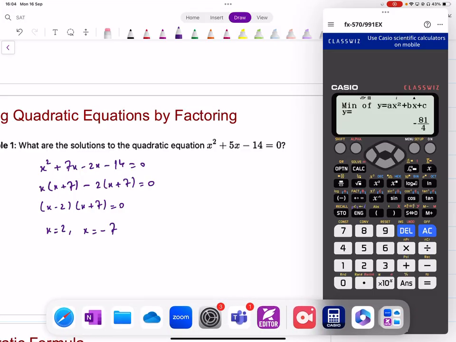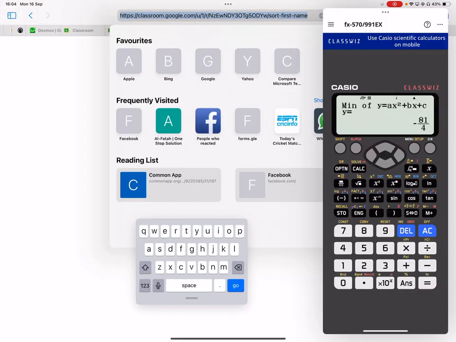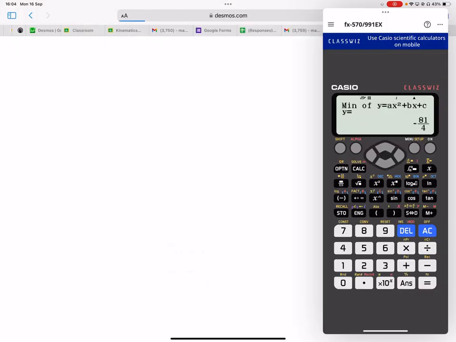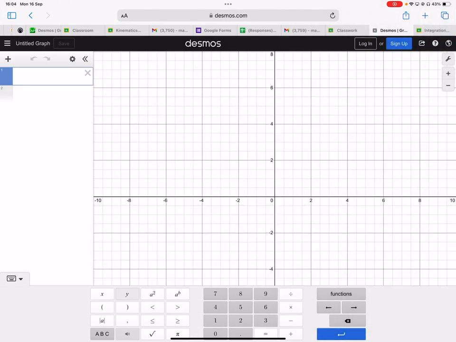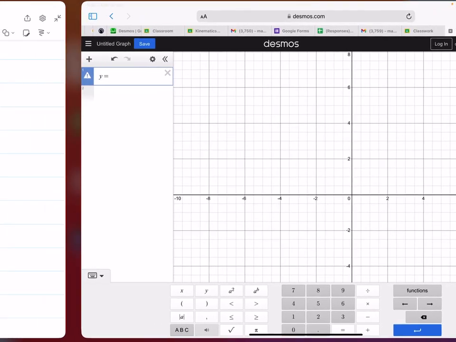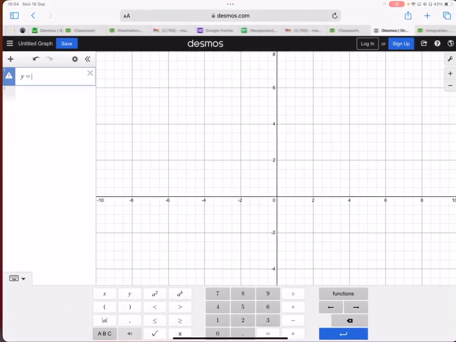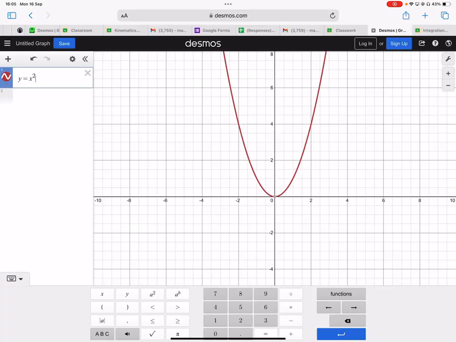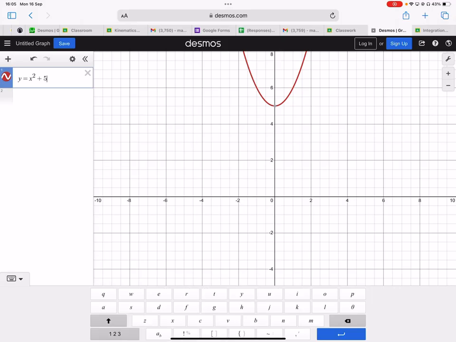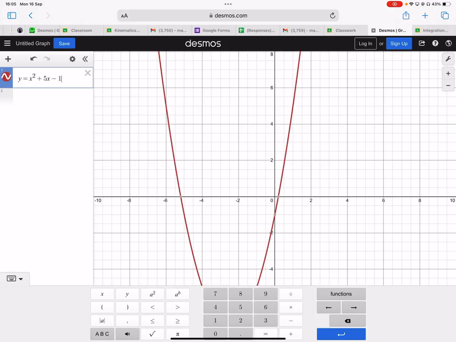Alternatively, you could use Desmos as well for this. Just sketch the function on Desmos. Just put that function here, y equals x squared plus 5x minus 14.